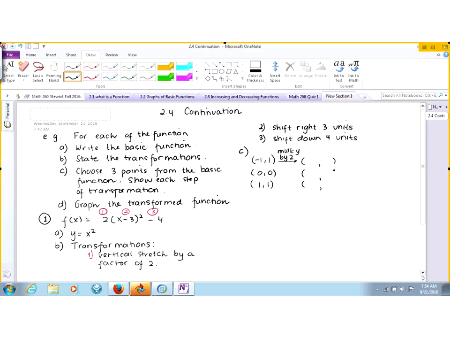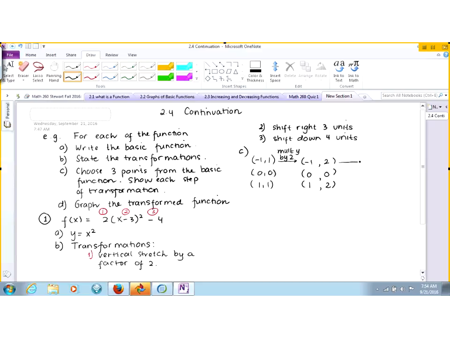I'm going to copy the x, so the x is the same at this point: negative 1, 0, 1. That's your x. And then I will multiply the y by 2. So 1 times 2 is 2, 0, and then this is also 2. So far, so good?